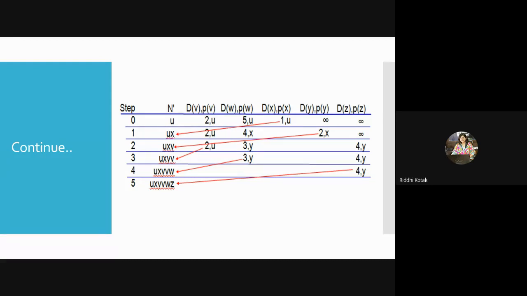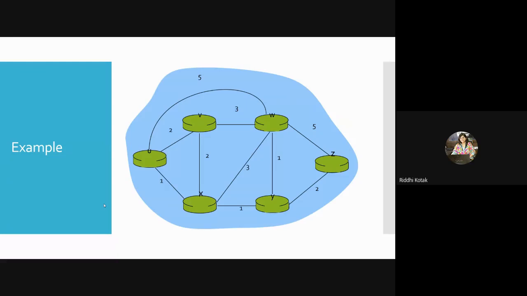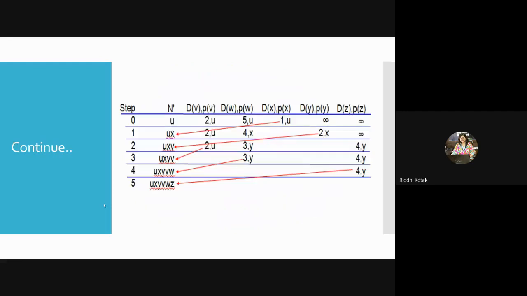Okay. Now, as I told you, U is the current node. So check all the remaining nodes. U to V distance is 2, U to X distance is 1, and U to W distance is 3. The remaining nodes are not directly connected, so put infinity there.